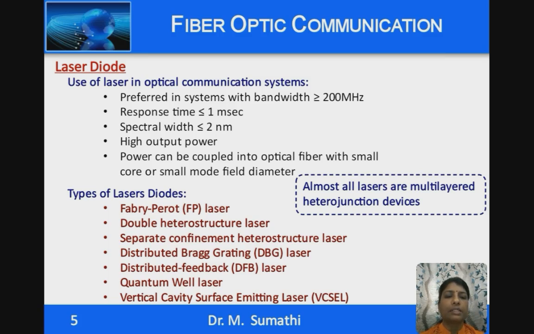The two layers which have lower refractive index are added to the double heterojunction layers, and this results in high efficiency of the laser. The distributed Bragg grating laser has Bragg gratings as reflectors in a Fabry Perot laser.